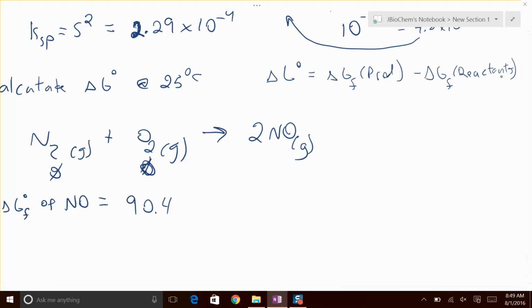What was delta G again? It's the Gibbs free energy, determined by the heat energy and the entropy.